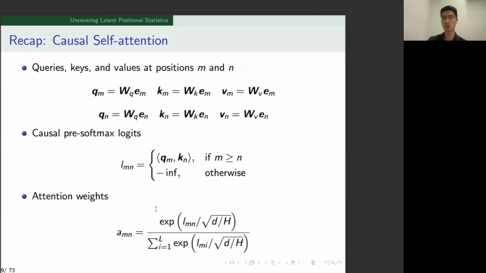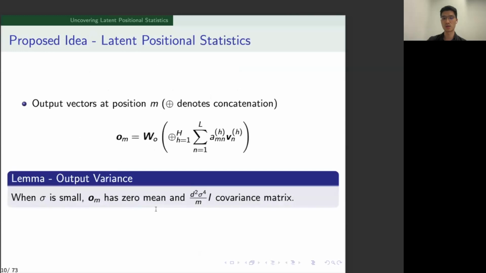That means the attention weight will be pretty flat, pretty close to a uniform distribution. It means that at a certain position m, the model is trying to sum up and average all the preceding m elements. That's why we have this m in the denominator. Because if you take the average of more vectors, then the variance will be smaller. It's similar to the idea of the law of large numbers.